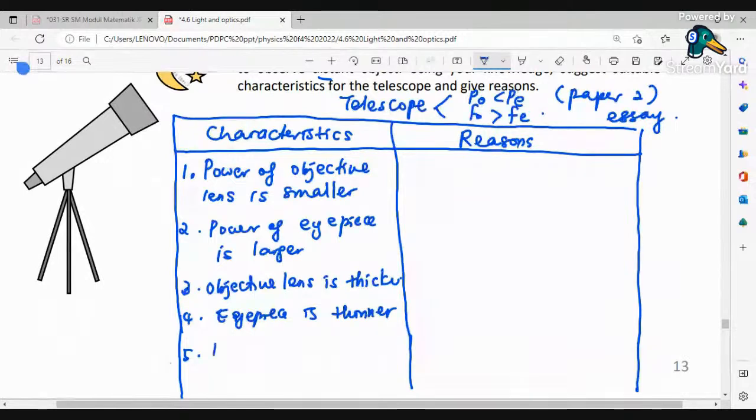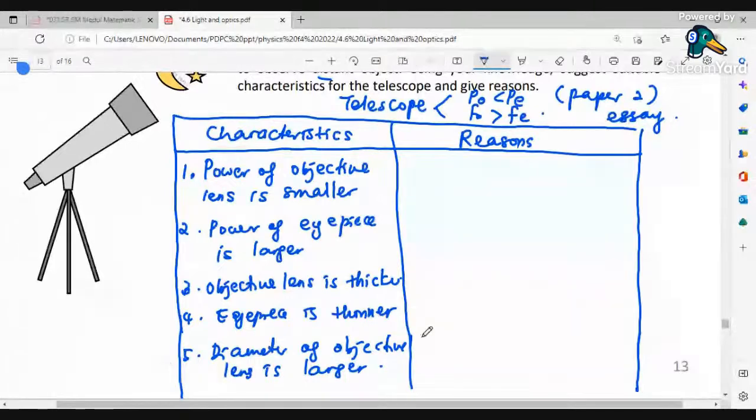Five, diameter of objective lens is larger. What else?